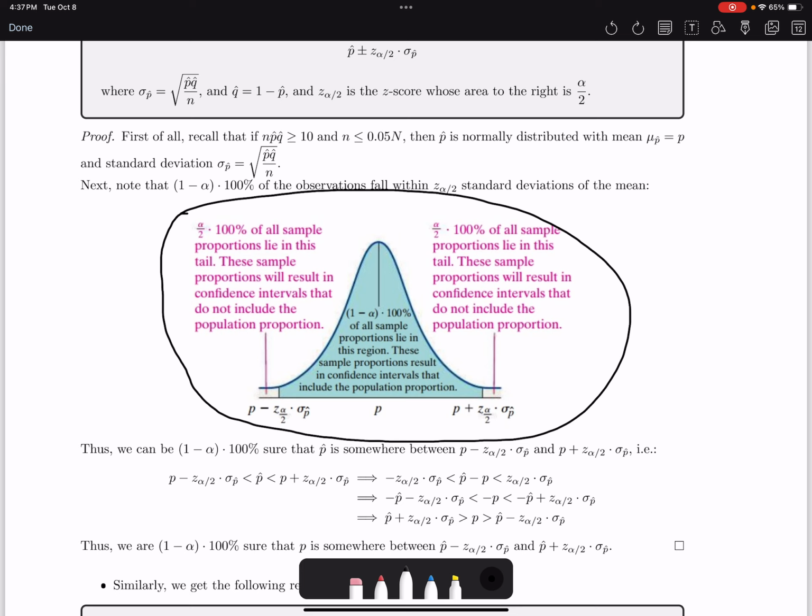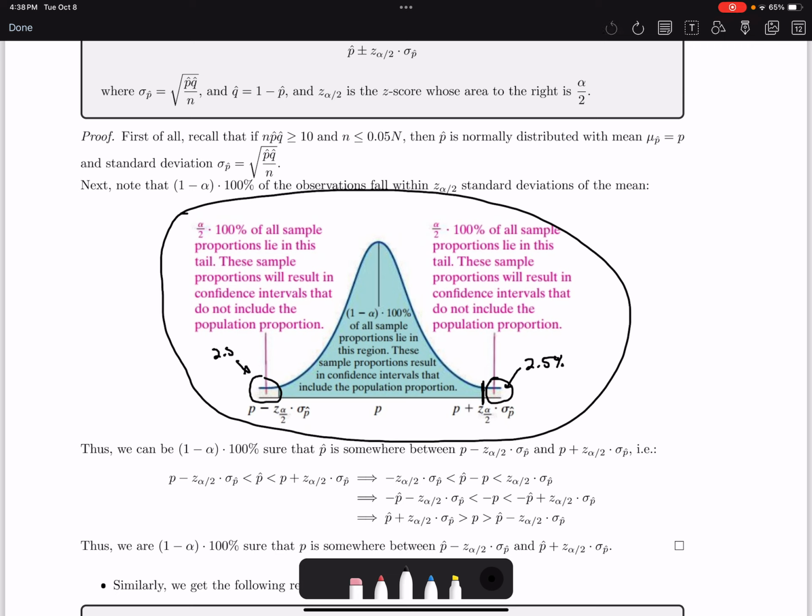If we can find the z-score such that the area to the right is alpha over 2, in other words, if we can find this z-score right here, then we know that alpha over 2, or in this case, we put a number to it, 2.5% of the observations are above that value, and 2.5% of the observations are below that value, which means 5% of the observations are in the tails, and the other 95% of the observations would be in the center. Okay?